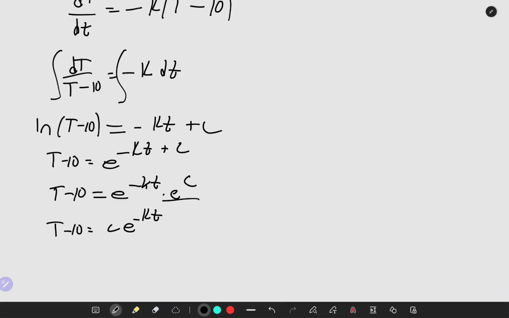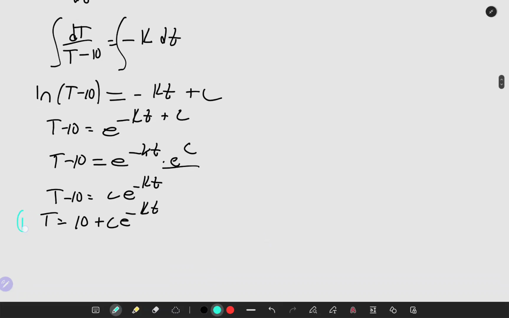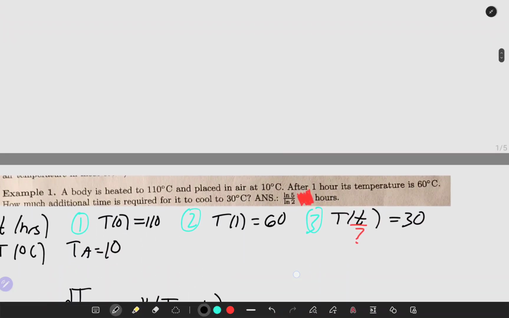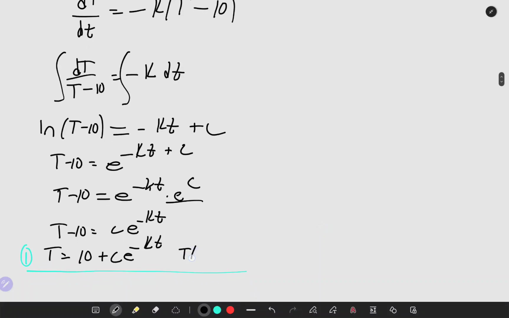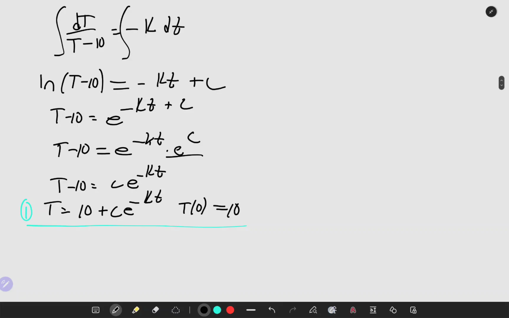So now that we're here, we can simplify this a little bit. And now we have our first equation here, where we have T of 0, we use our first condition, is equal to 110.